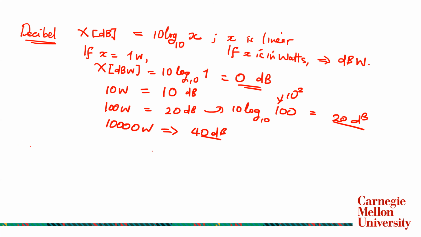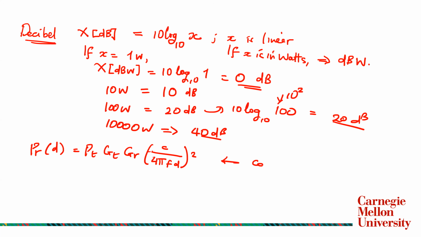Now that means that if I have my PR(D) equals PT, GT, GR, and we saw that it was, I think, C over 4 pi FD squared.